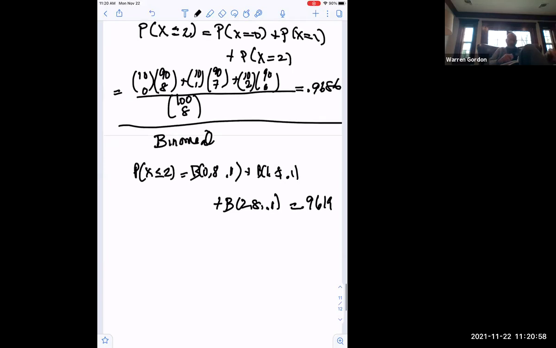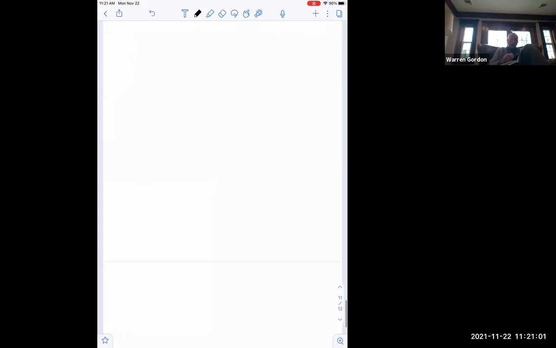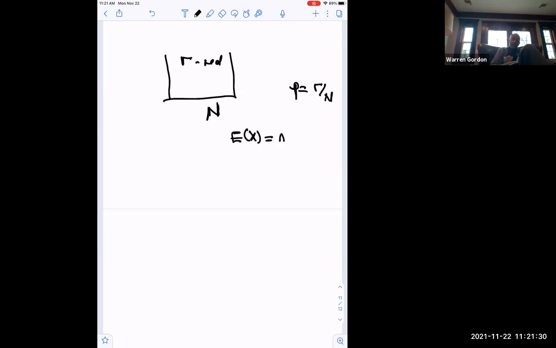Okay. So that's the hypergeometric. So the thing to remember about the hypergeometric is, if we think of R red in the urn, and there are a total of N marbles in the urn, and if I think of P as being R over N, then for the hypergeometric, E of X, the expected number of red, is just n times this P. And the variance, I forgot what I wrote before, was, what was the variance?